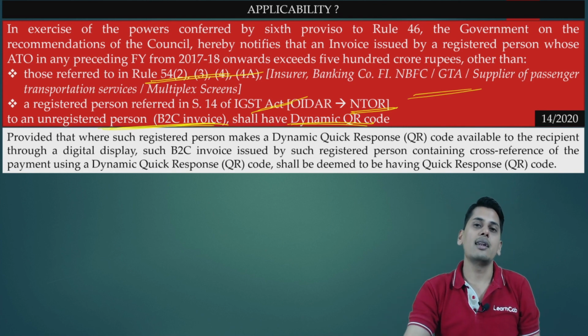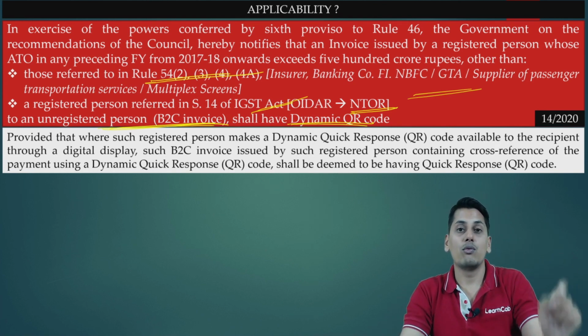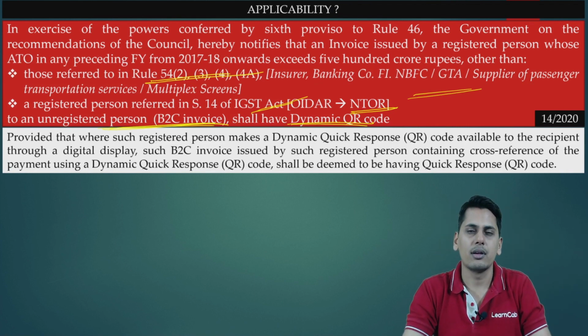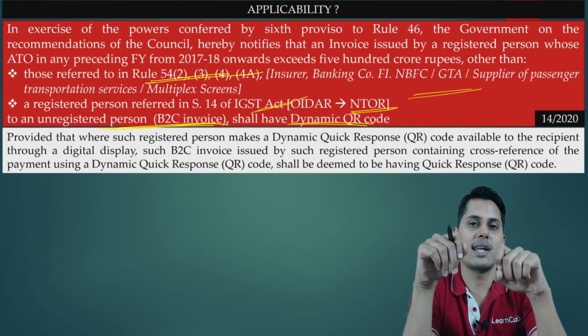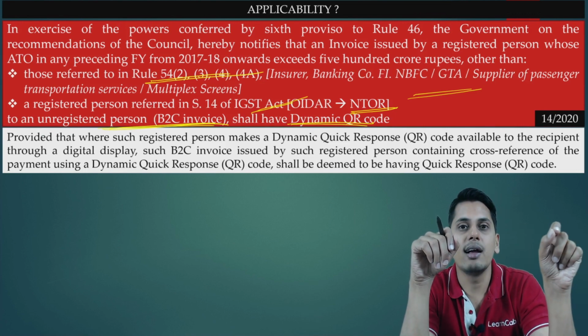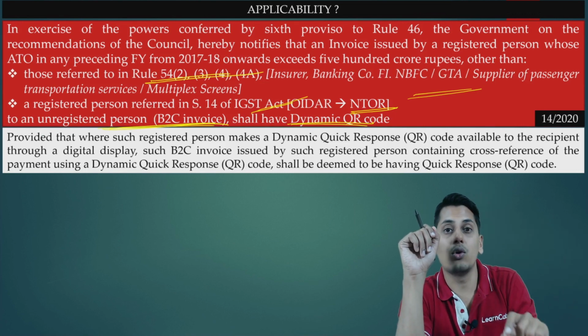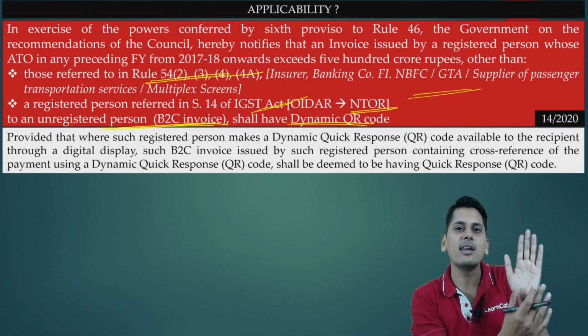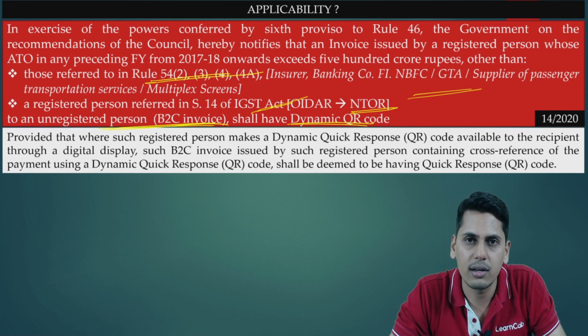Now friends, please understand, the dynamic QR code was shown as a digital display against which payment was made. Please tell me, in such a transaction, where payment was made against a dynamic QR code shown as a digital display, should the invoice again carry a dynamic QR code printed on it?